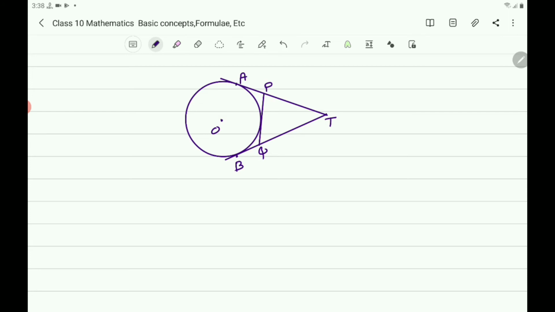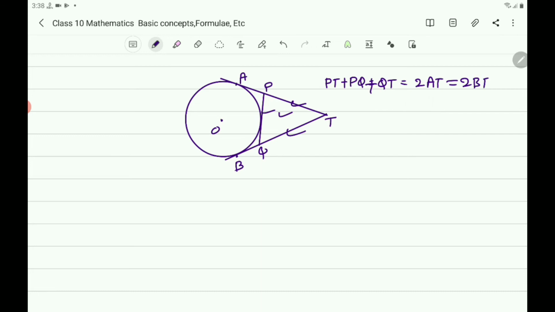Now there is a triangle TPQ, and the perimeter of triangle TPQ is TP plus TQ plus PQ. There is a relation here: perimeter, that is PT plus PQ plus QT, equals 2 into AT or 2 into BT.